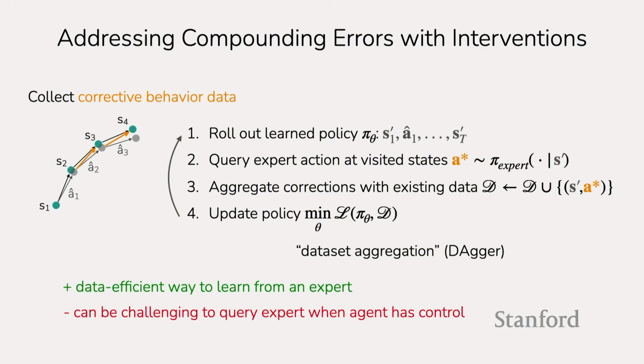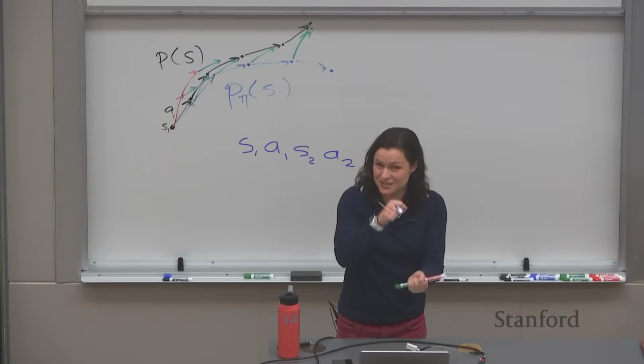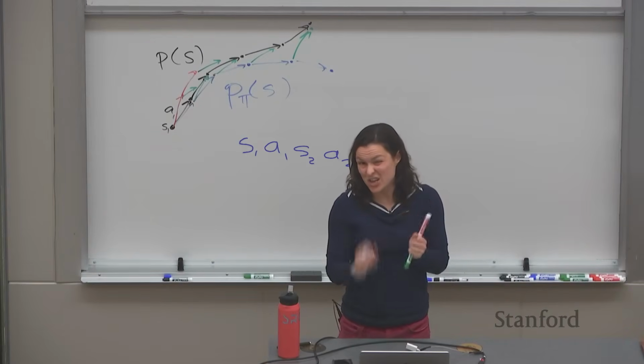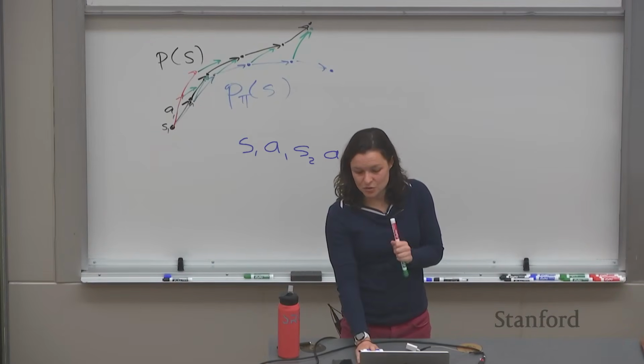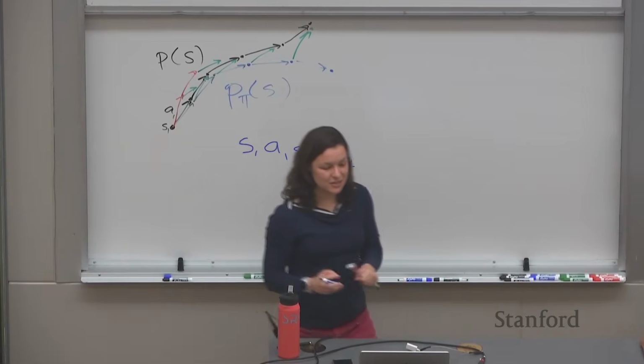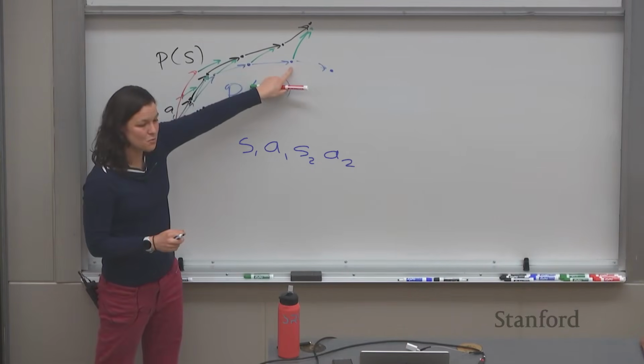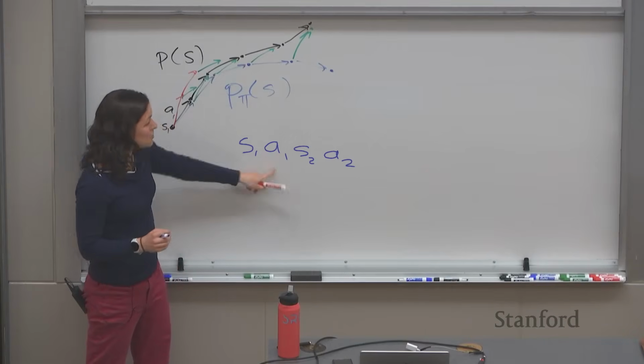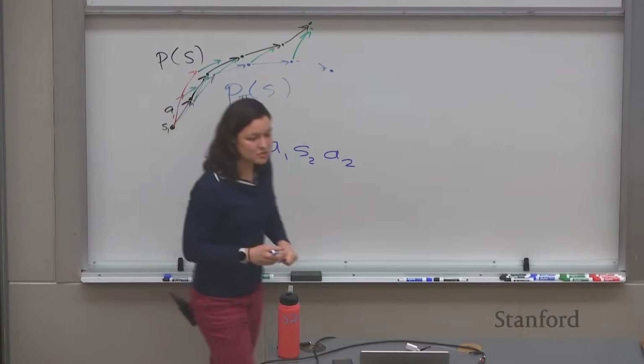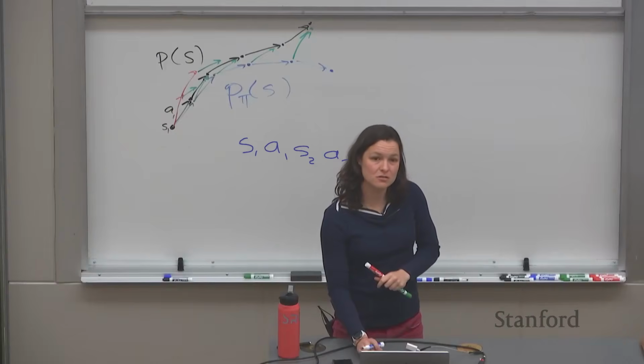potentially another way that we might be able to collect corrective data. We might not be able to tell exactly the steering command you should have done, because that's very hard to do. And so what we could do instead of saying, for each of these actions, we want to query what the expert would have done, is let the expert take full control at some point.